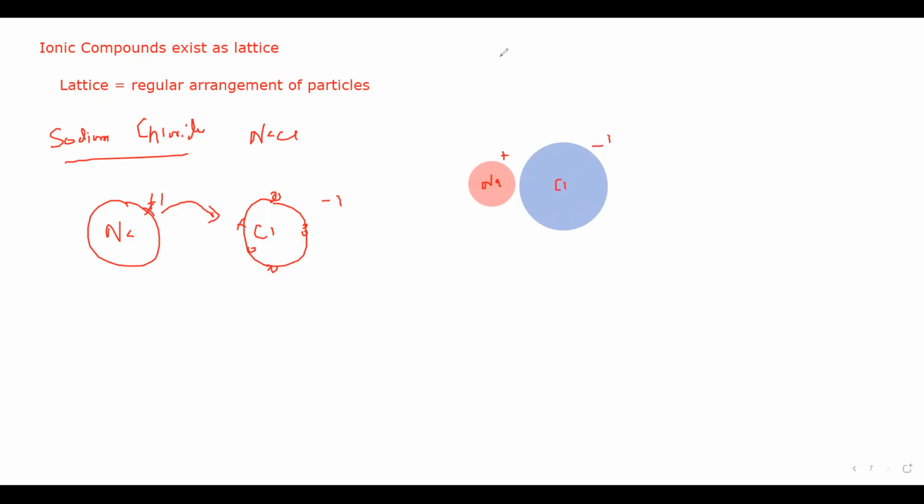Then there will be another sodium and chloride. Then there will be another chloride and sodium.